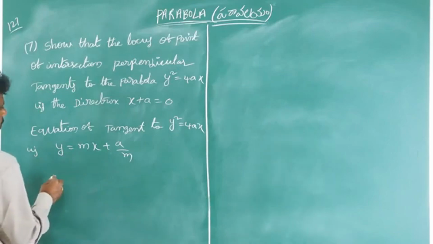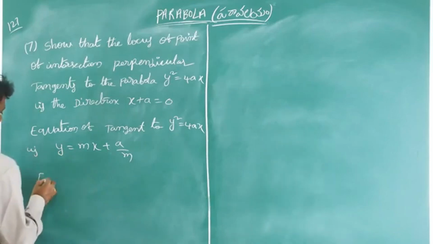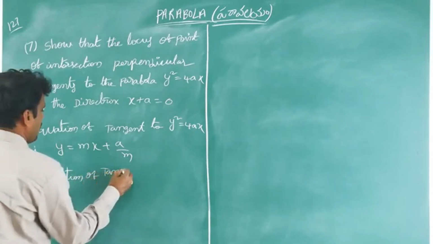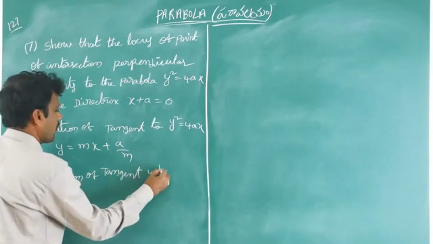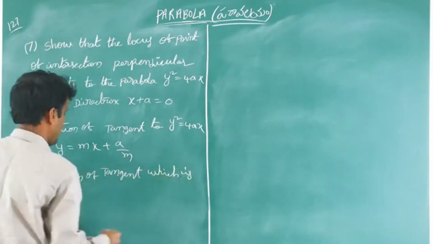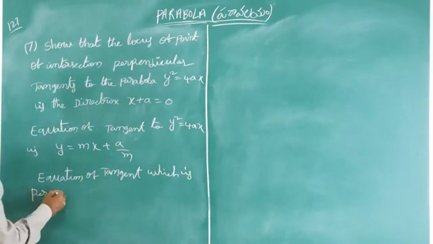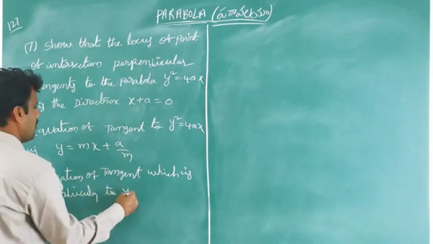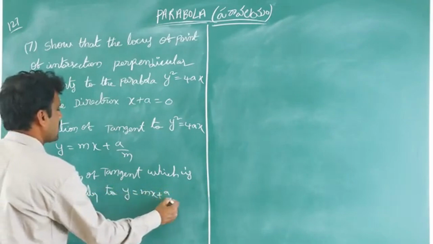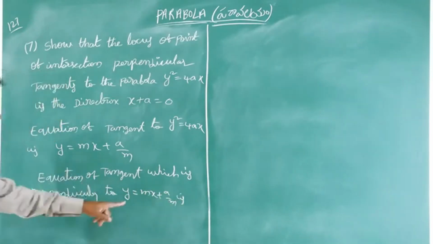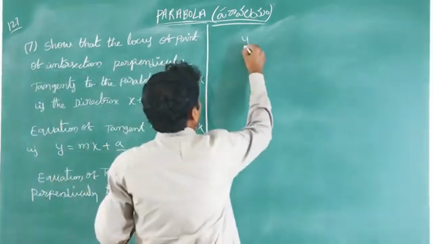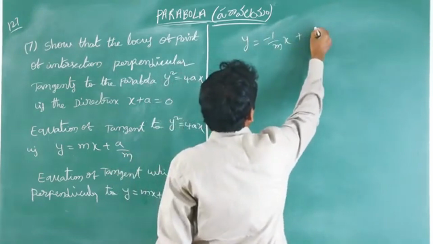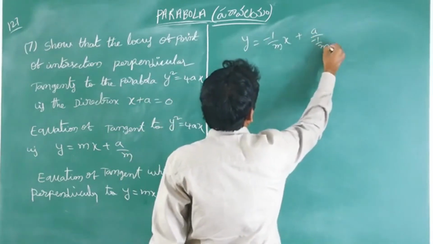The equation of the tangent which is perpendicular to y = mx + a/m: the perpendicular slope is −1/m, so y = (−1/m)x + a/(−1/m), with c = a/(−1/m).